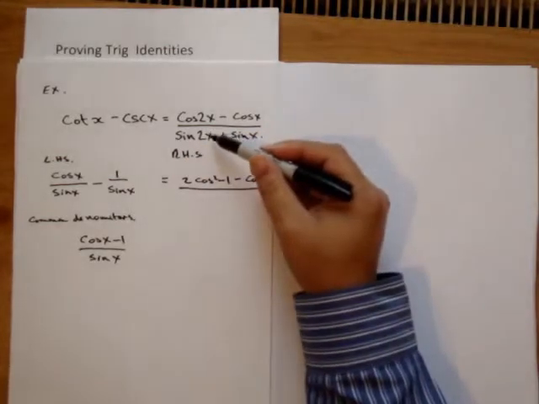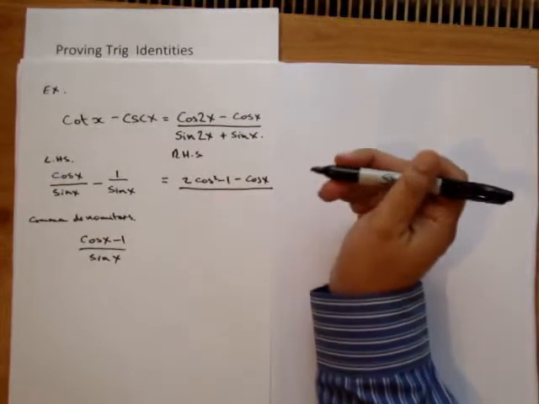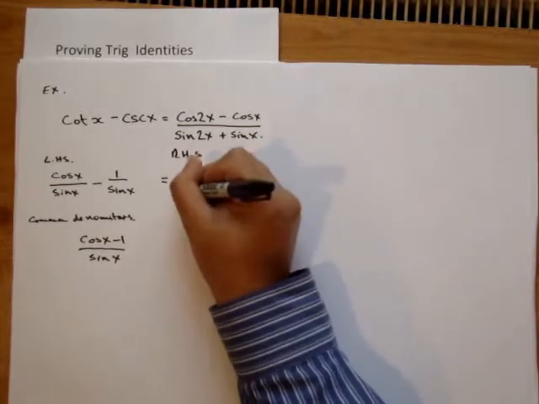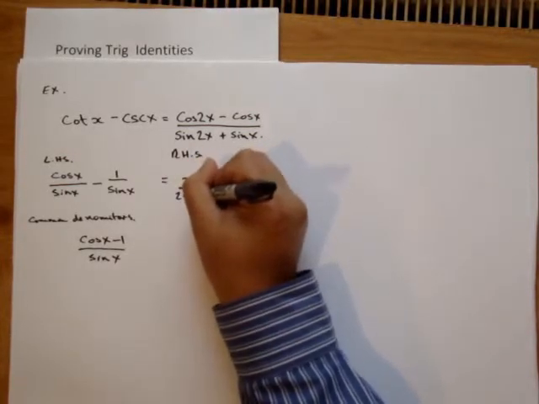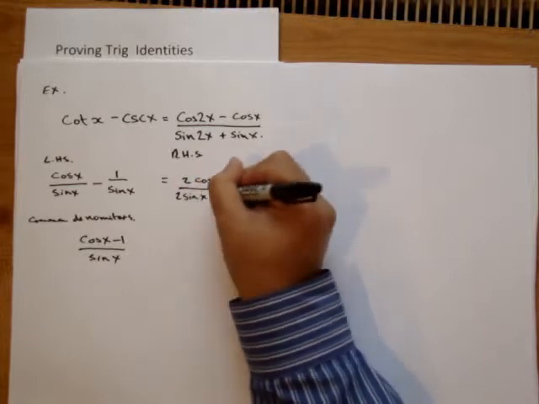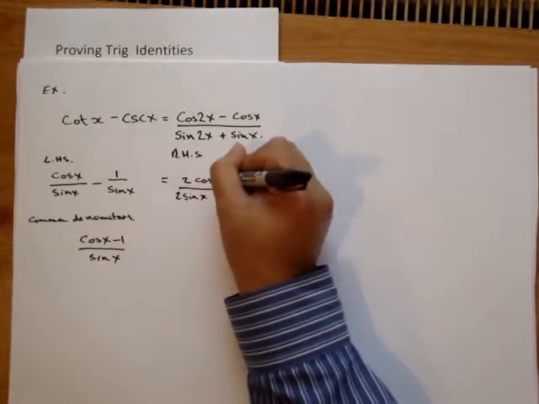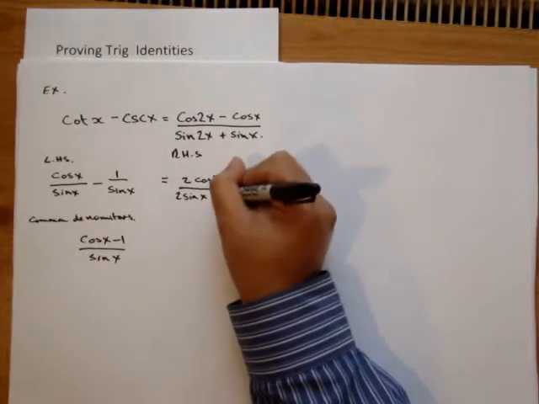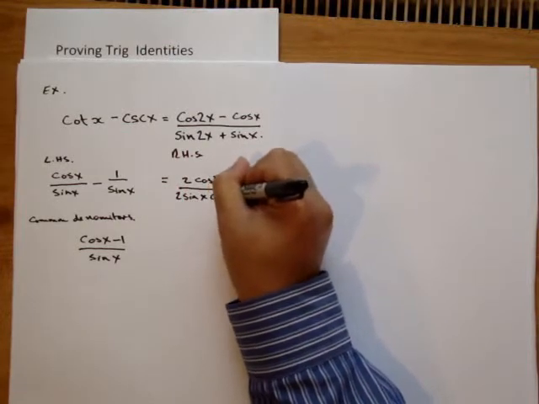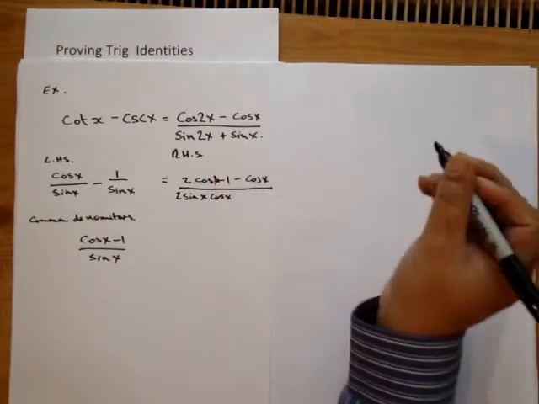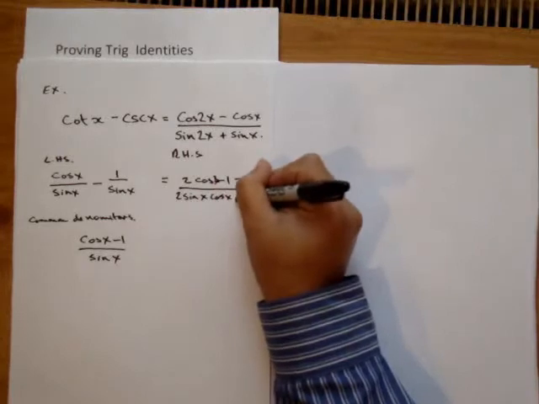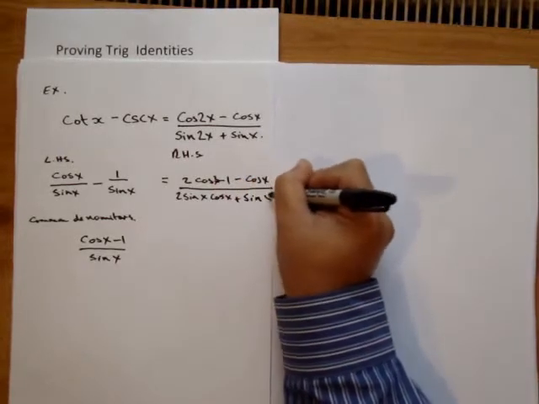Now the identity for sin 2x is 2 sin x cos x, plus sin x.